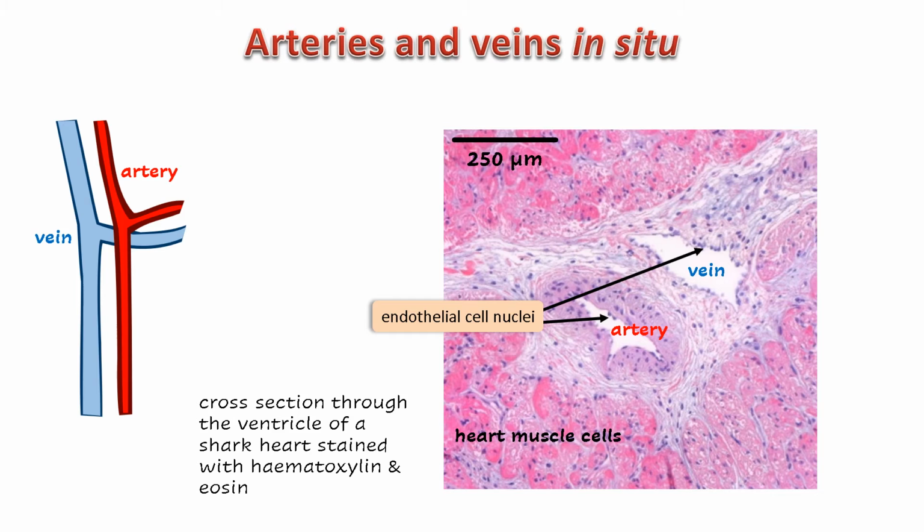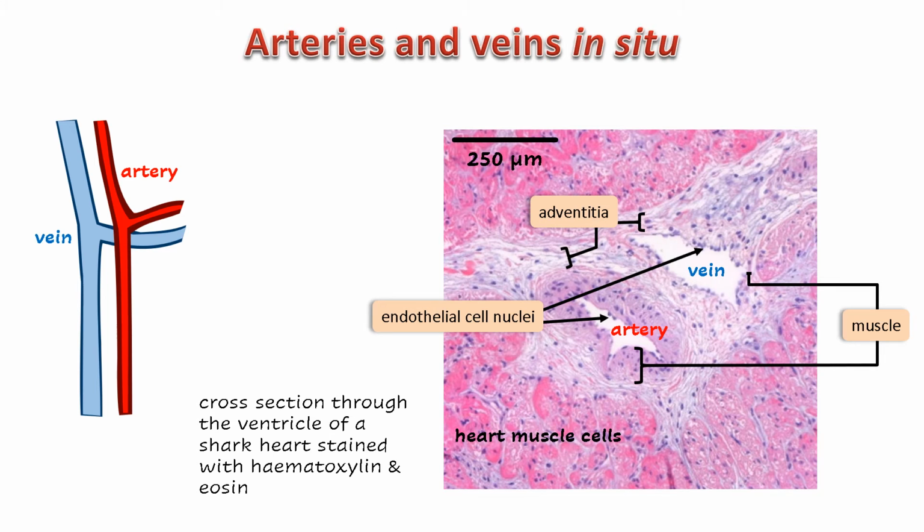The lighter purpley pink is the smooth muscle cells, and you can clearly see a very thick layer of muscle in the artery compared with hardly any in the vein. The pale pink stained tissue lying between the muscle layer and the heart muscle is the adventitial layer, containing mainly collagen, and it's apparent in both vessels.